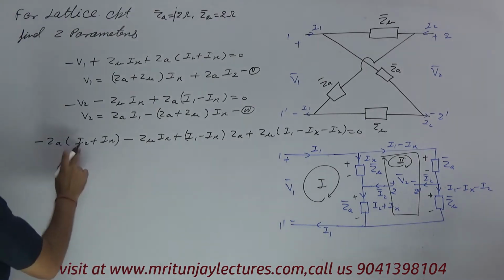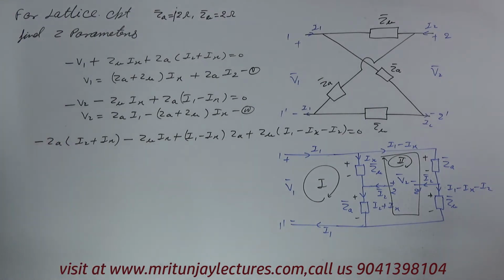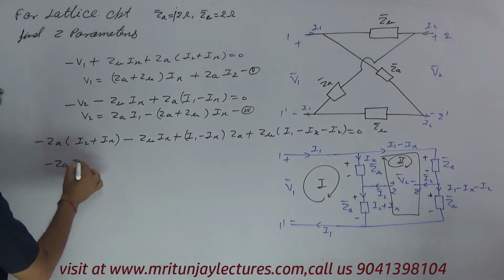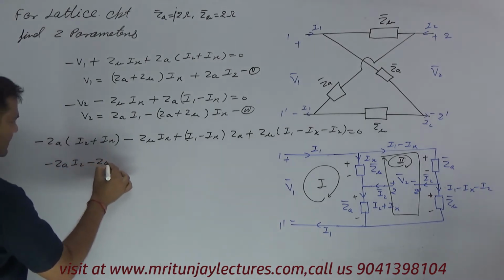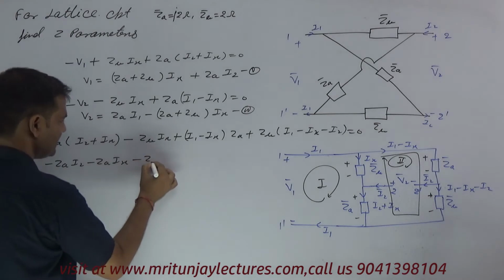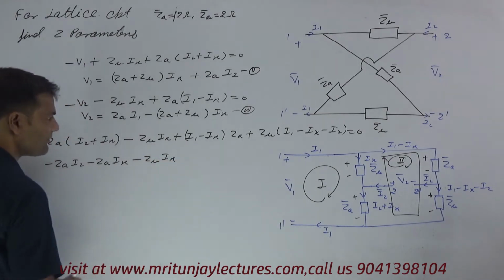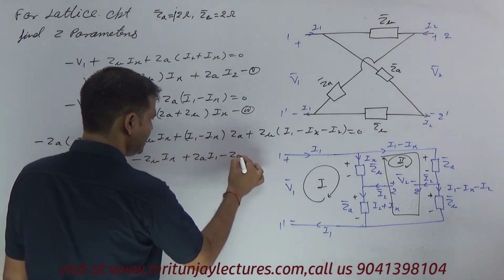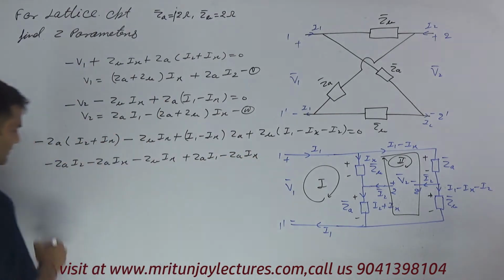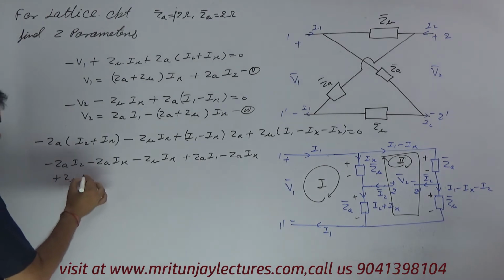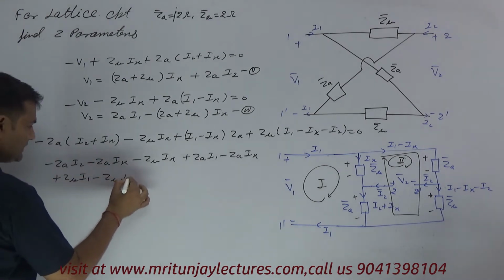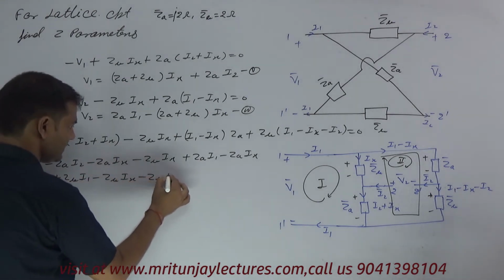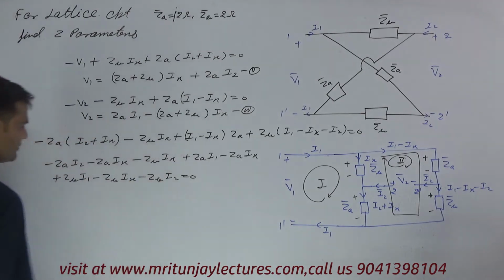Now, minus ZA I2 minus ZA Ix minus ZB Ix plus ZA I1 minus ZA Ix plus ZB I1 minus ZB Ix minus ZB I2, this will be equal to 0.